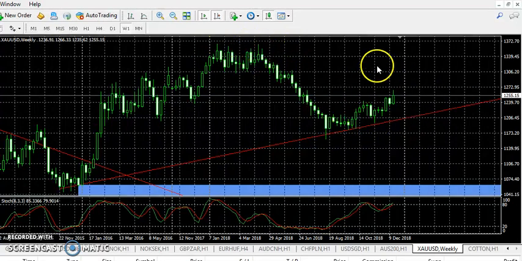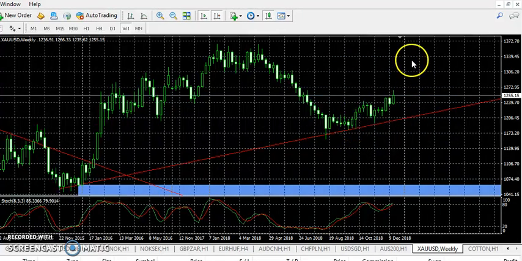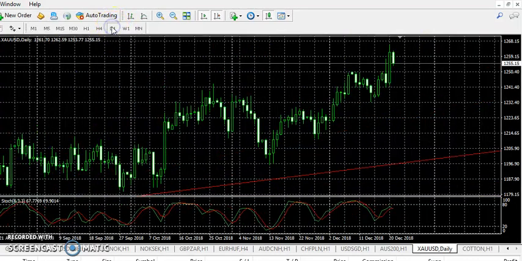So, and we have an uptrend here. So we see how things are coming together and making perfect sense, so it's a high chance of price going up into this level here. So let's get to the daily and see what we have.